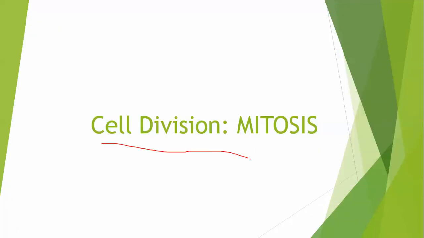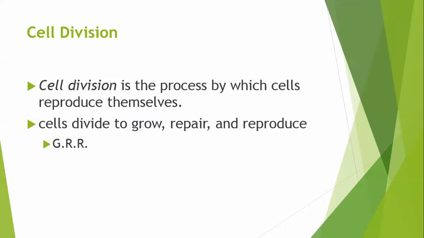Which takes us now to mitosis. Mitosis basically means a cell dividing. So it's a cell that's undergoing division. And cell division is the process by which cells reproduce themselves.